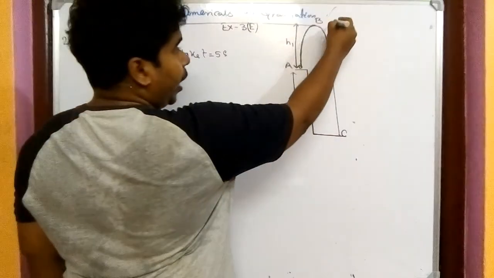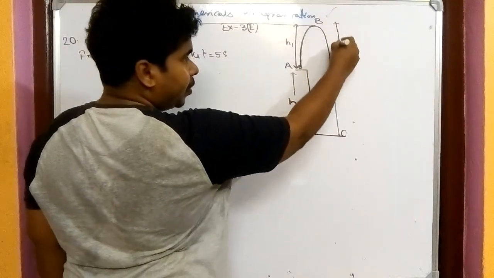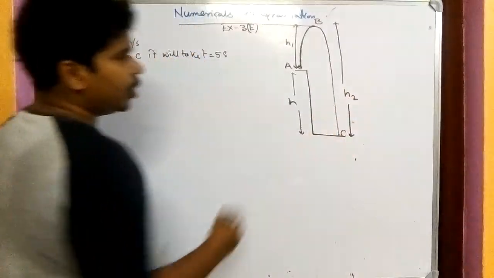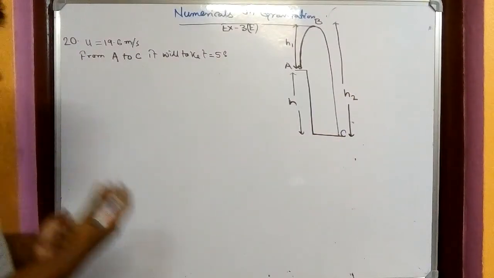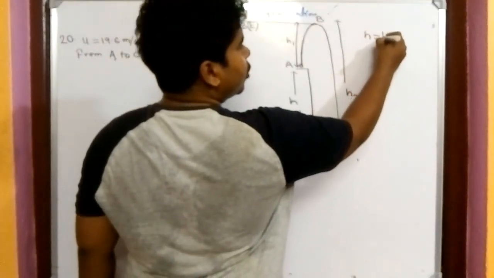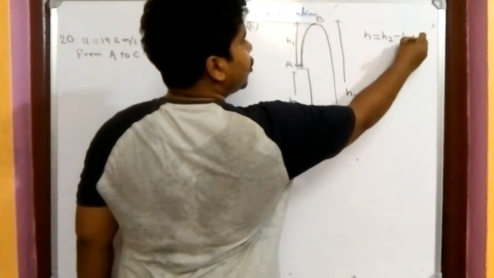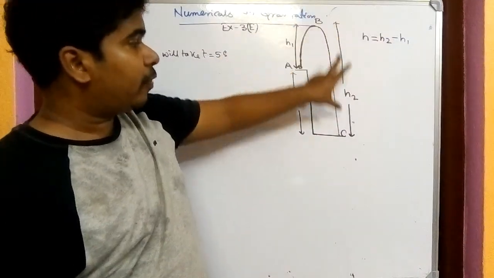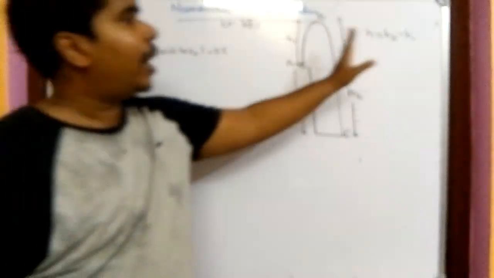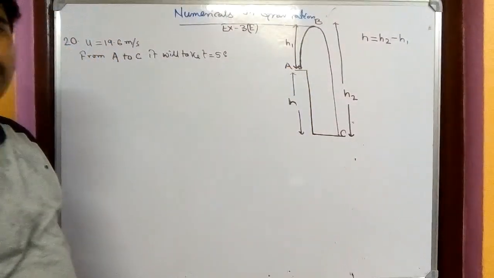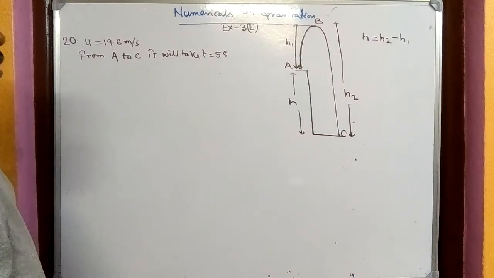And from B to C, it is h2. It's a very simple thing. And to find h, we know that h should be equal to h2 minus h1. So if I find h1 and then h2, and subtract, I can easily find the height of the tower, and that should be much easier for us.